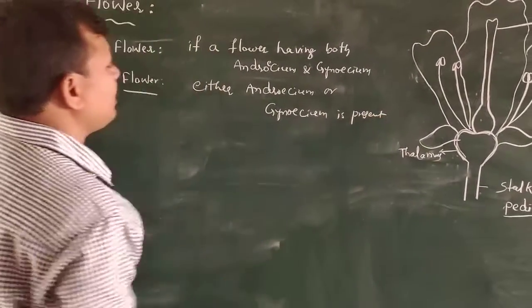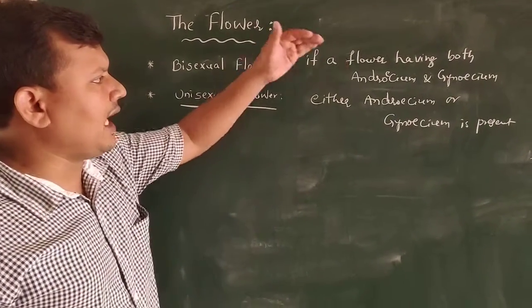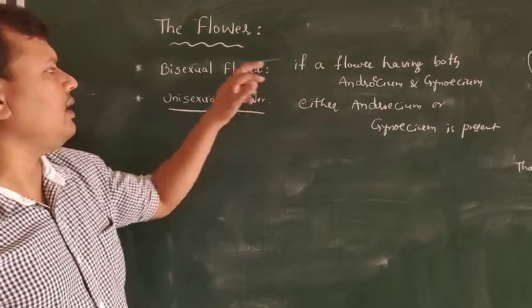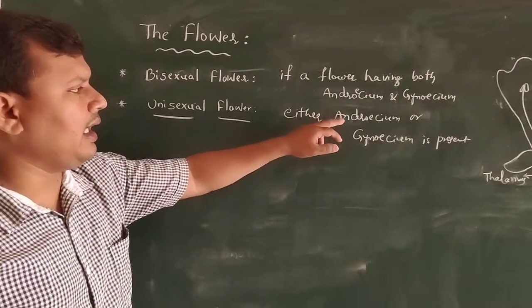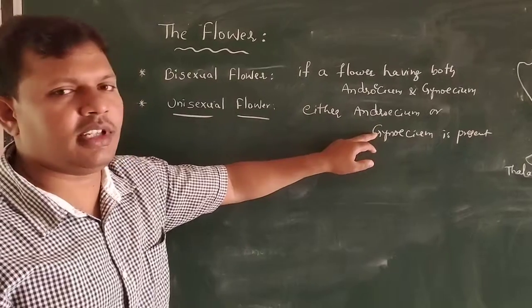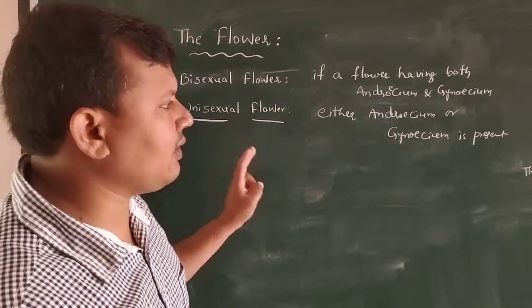This type of flower is called a unisexual flower. If both androecium and gynoecium are present, that is bisexual, and if only one of them is present, that is a unisexual flower.